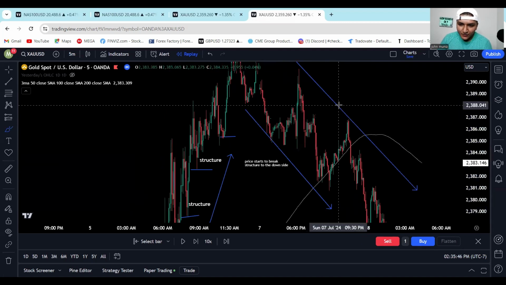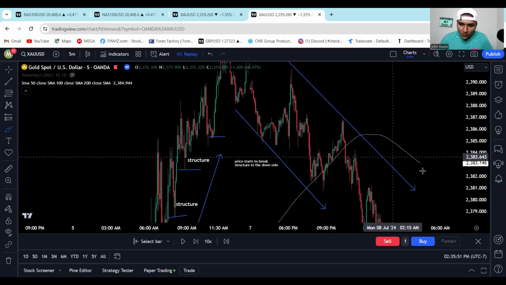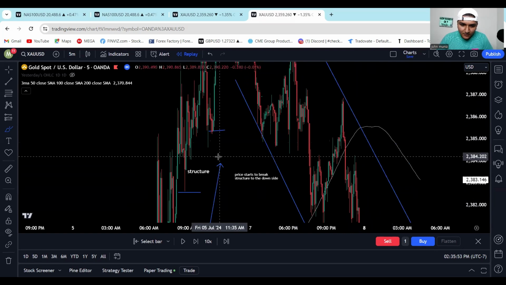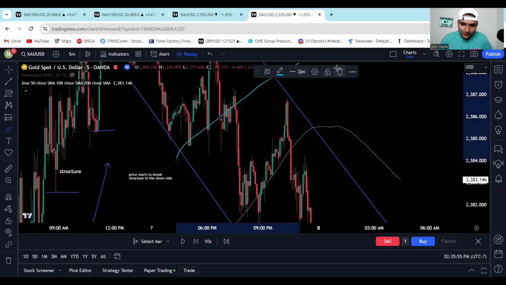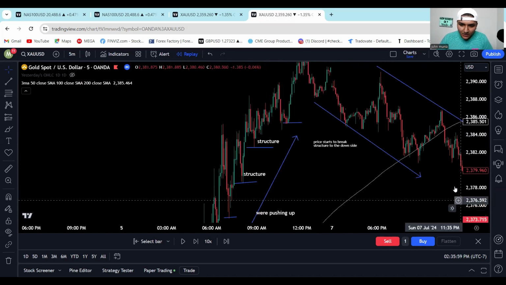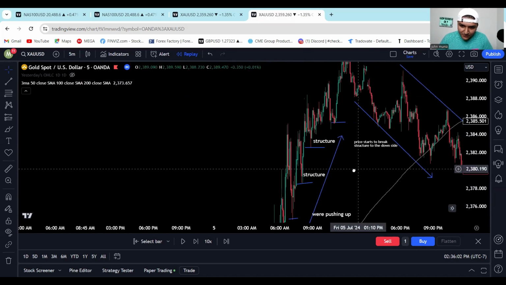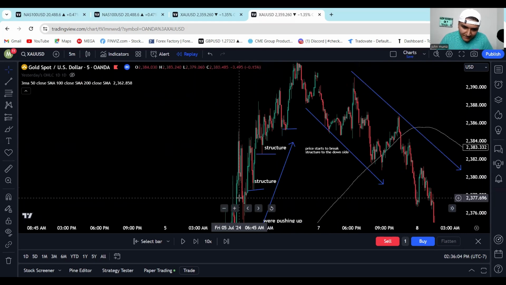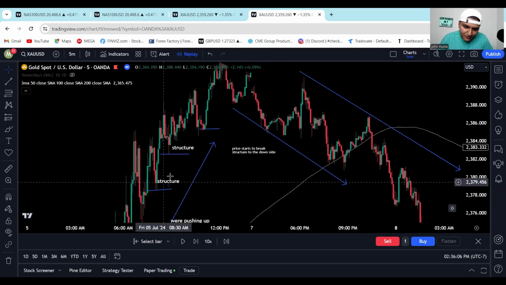So what did we just do? We just reversed. We had so much momentum coming up, right? We had all this momentum pushing up with structure, all these buyers pushing up with structure.